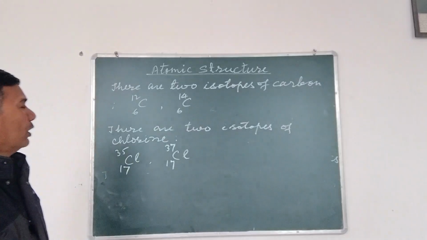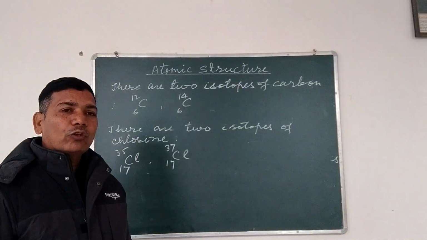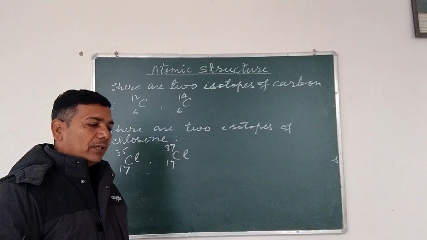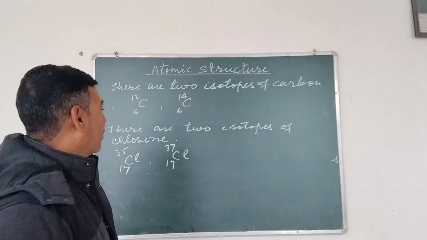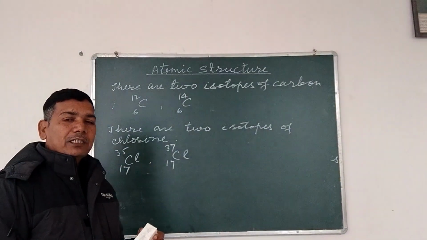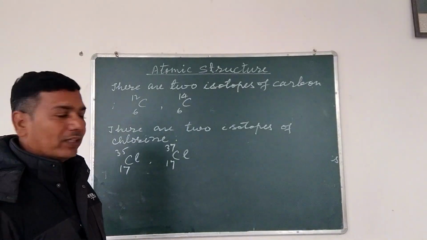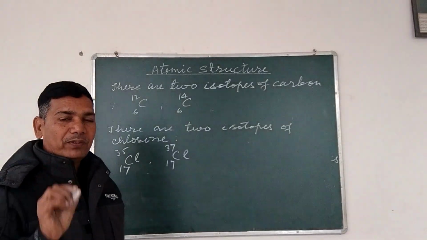We also know that some isotopes of an element are in one percentage and some are in another percentage. For example, chlorine 35 in nature is found 75%, whereas chlorine 37 in nature is found only 25%.